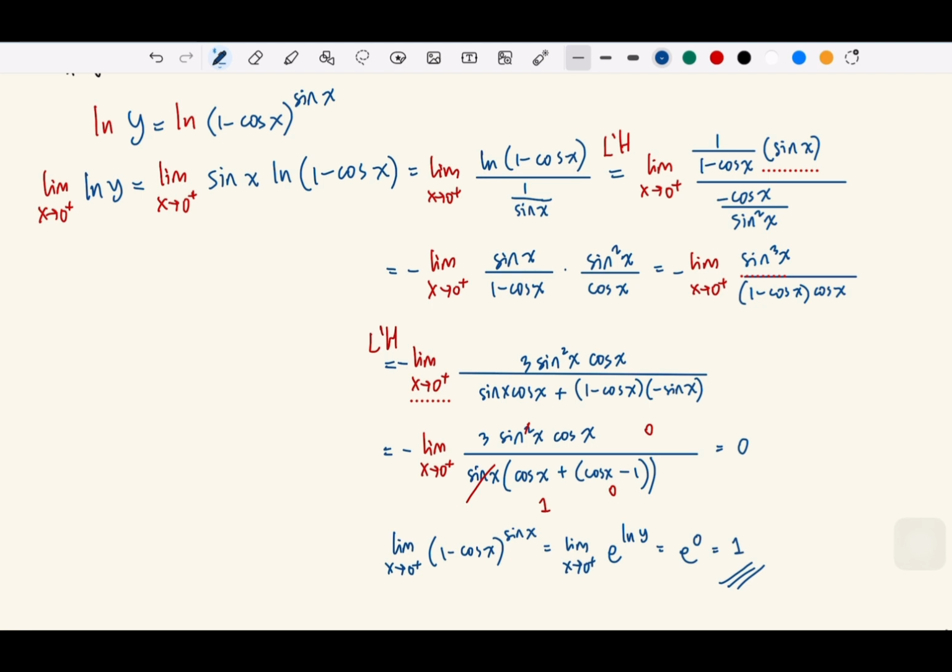Negative 1 over. The same or not? Okay. Get it? Okay. Any other question?